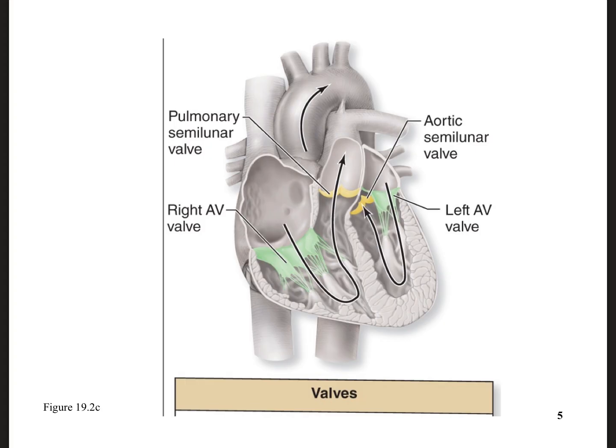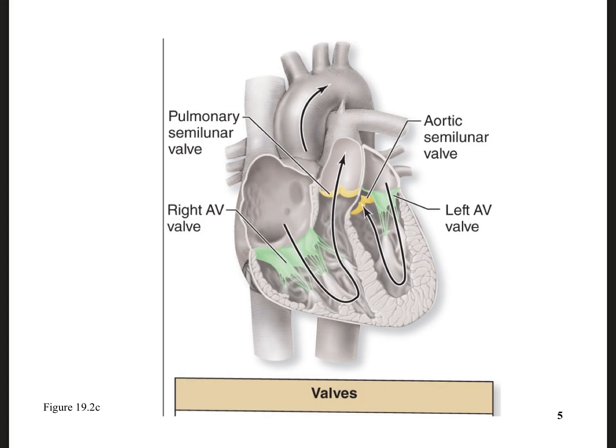Okay? Our second set of valves are what we call semilunar valves, based upon their structure. Right? They are kind of like half moon shaped. Okay? Hence the semilunar naming. And one is on the aorta, separates the aorta from the left ventricle, so it's the aortic semilunar valve.